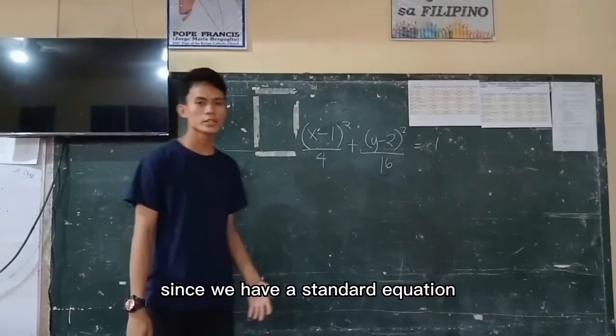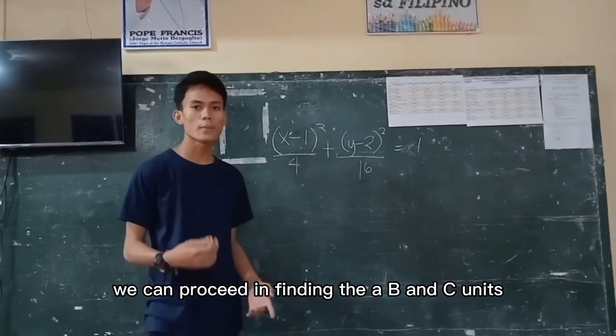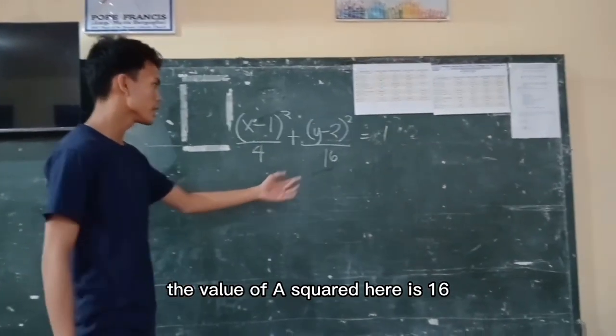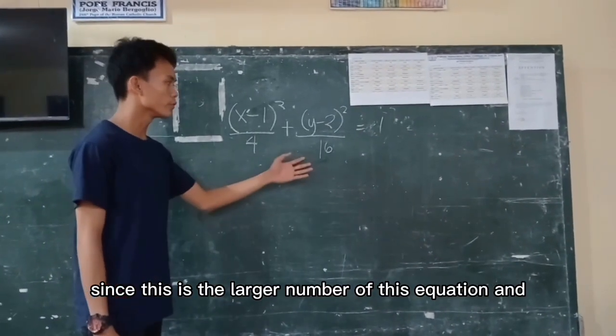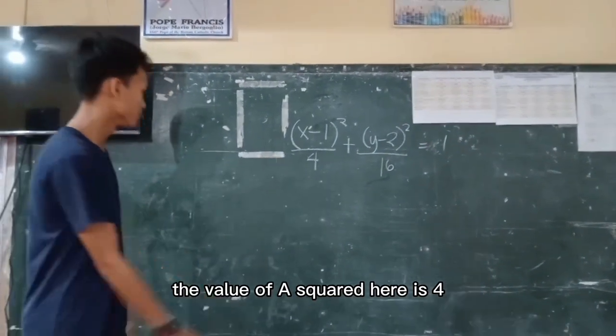Since we have the standard equation, we can proceed in finding the A, B, and C units. The value of A squared here is 16, since this is the larger number of this equation. And the value of B squared here is 4.